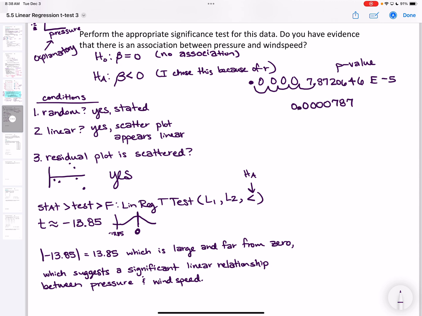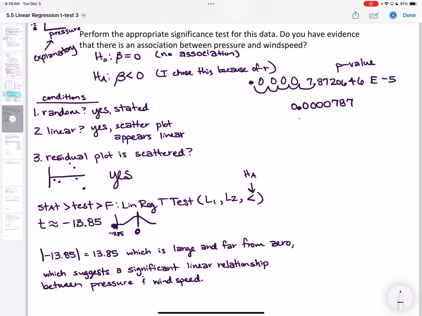That's a tiny p-value, which I'm not shocked. Look at this test statistic, how far from 0 it is. So the probability that's less, yeah, I'm getting a tiny p-value. So 0.0000787.